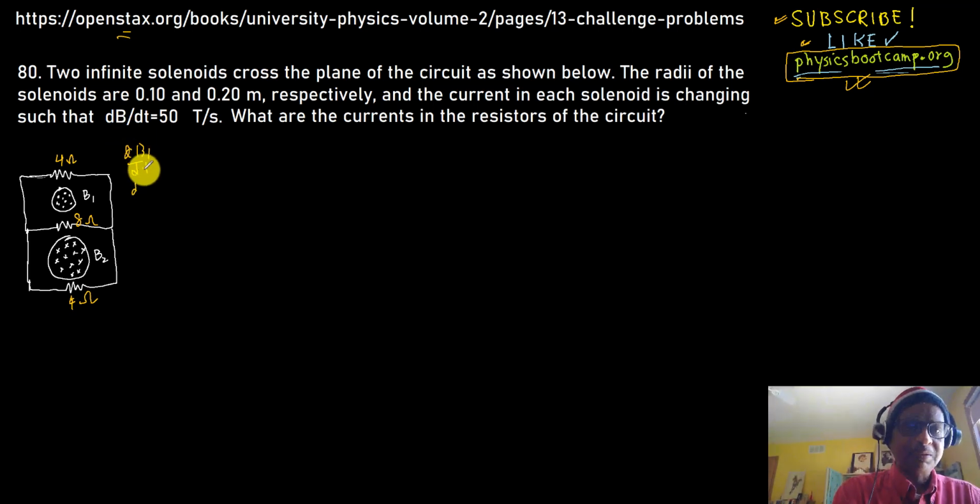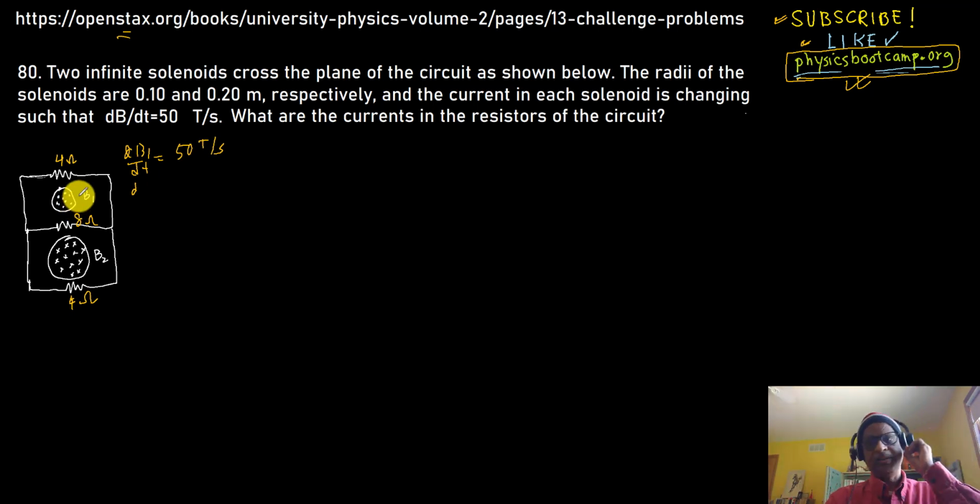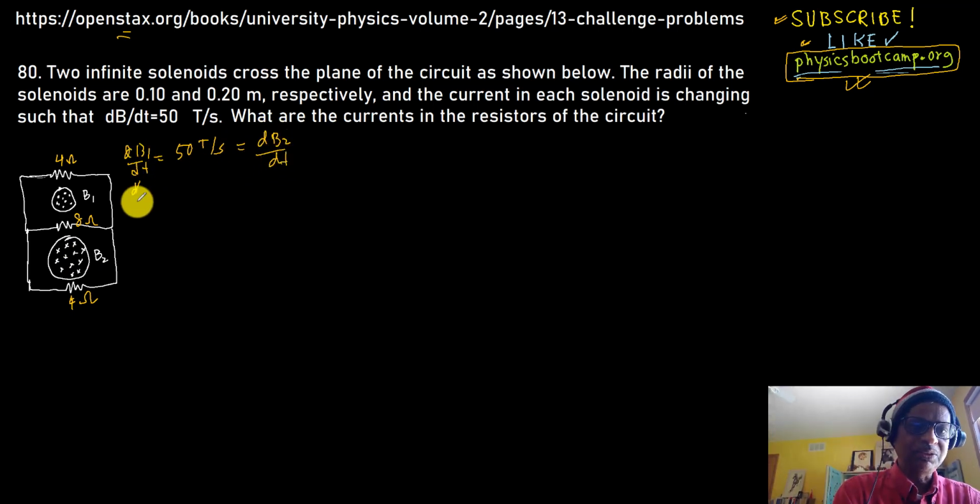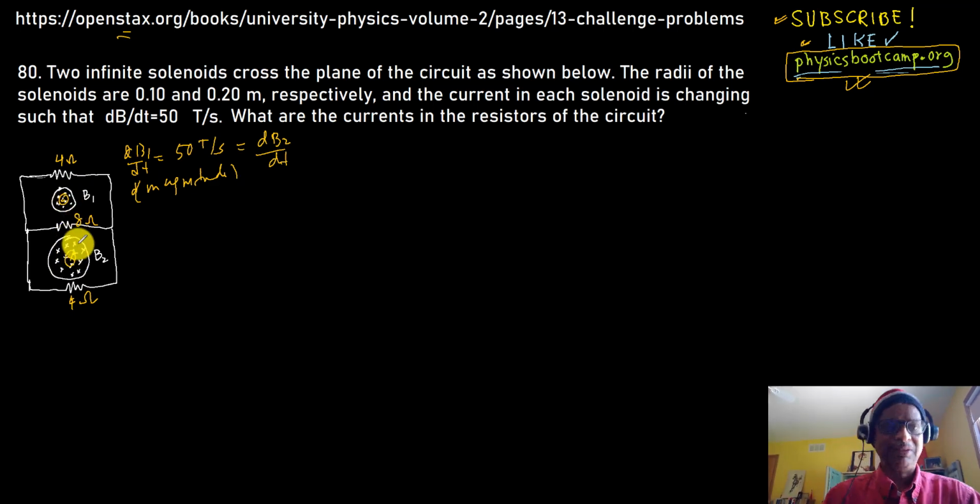Like dB1/dt is 50 Tesla per second, and the direction is coming out, so the magnetic field is getting stronger coming out. This one's direction is going in, and dB2/dt has the same magnitude. This is just the magnitude part, but the direction remains: here it is coming out and here it is going in, as indicated in the figure.